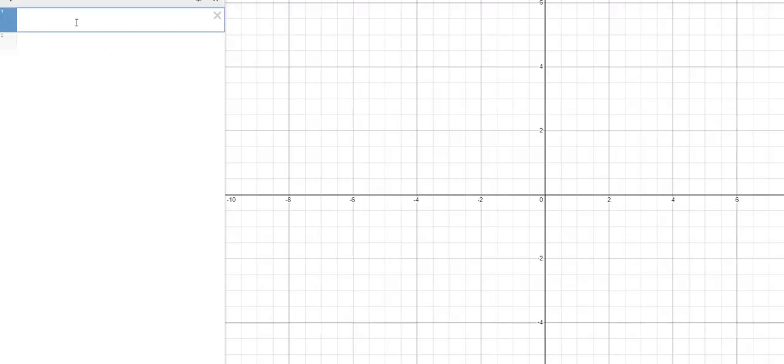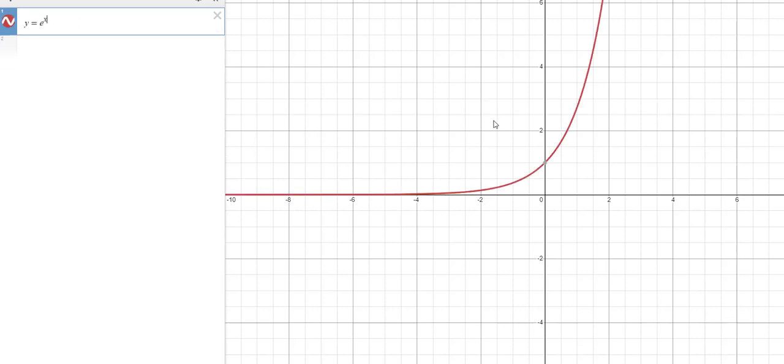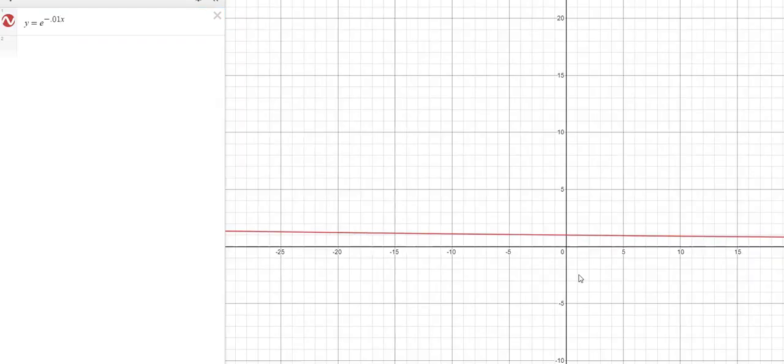Now, if you remember about e functions, let's just take a quick look. When you have an e function, it has an asymptote on its left tail here. Notice it's getting close to 0, but it's never 0. And if this is a negative exponent, in fact, let's do the negative 0.01. It's kind of hard to see it, but let me zoom out.